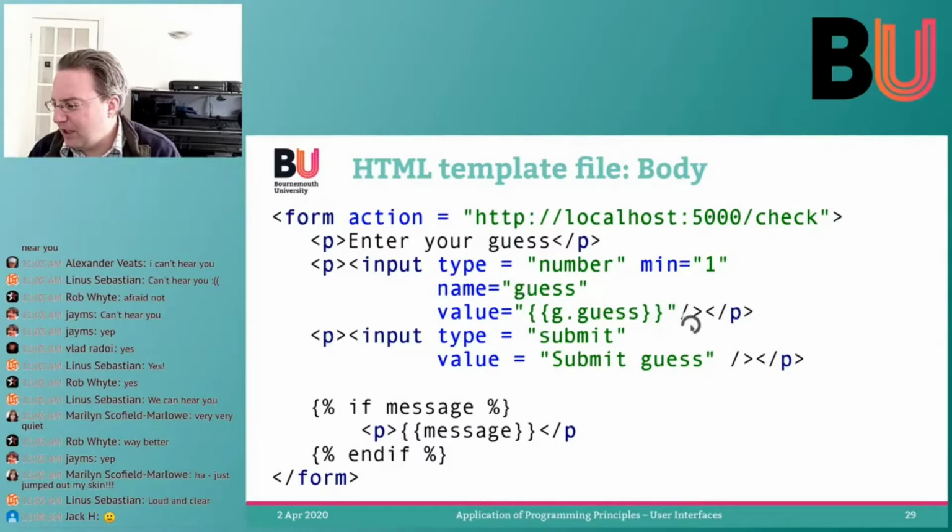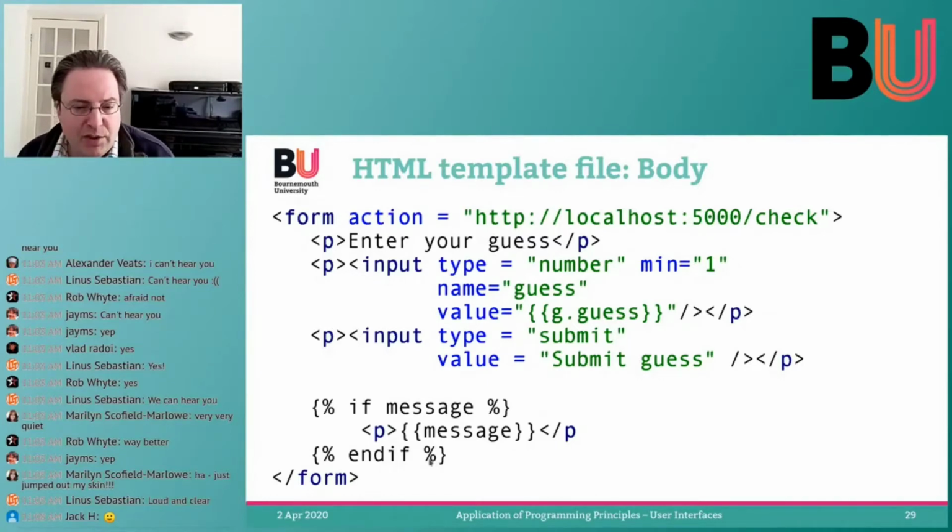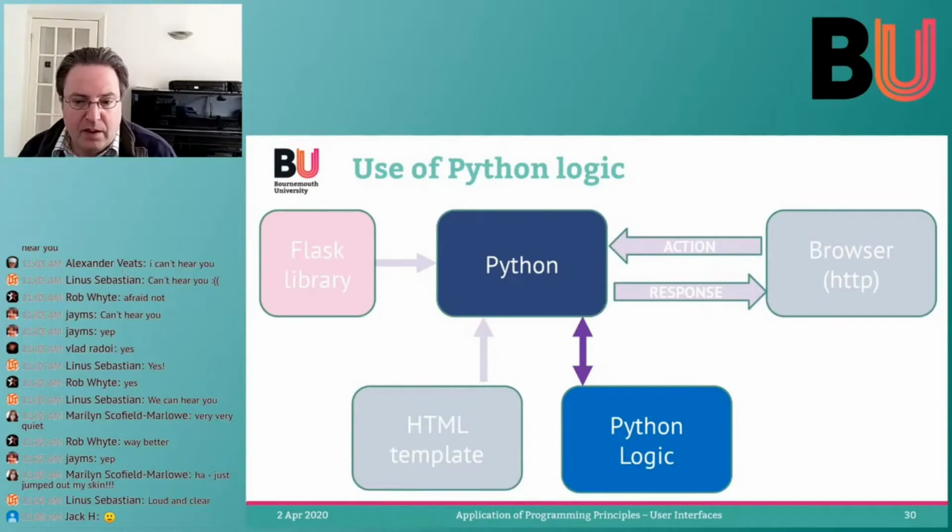So if there's already a guess, we can reflect that again. And what we can also do, so if there is a message, we put that message in the paragraph tags. Yes, there's an empty tag there. And then we end this. So you can put quite some complex logic in there. This is what a template looks like in Flask. And kind of how you use Python logic in there.